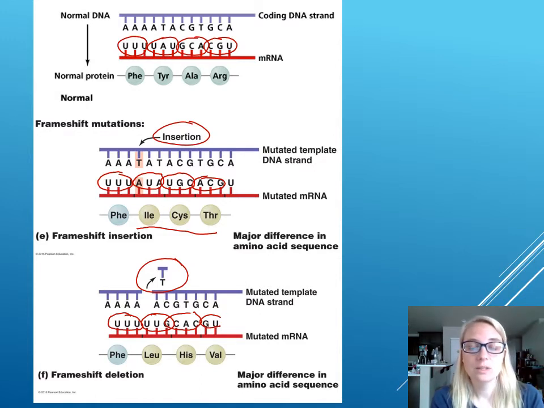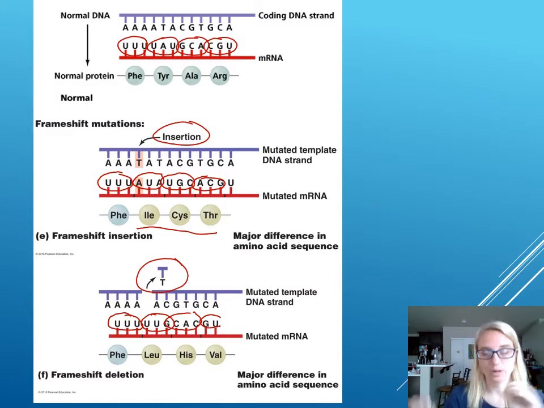And so these are also considered point mutations if it's one base insertion or one base deletion. If it's a substitution, it's called a base substitution point mutation, or insertion or deletion point mutation. Any of those can have these wide-ranging effects, from no effect at all with the silent mutations to devastating effects like these frameshift mutations. All right, so those are the different types of mutations.